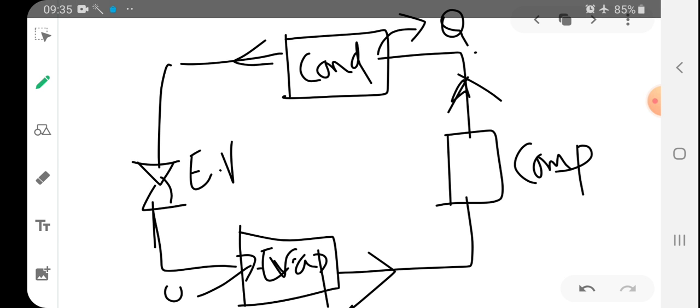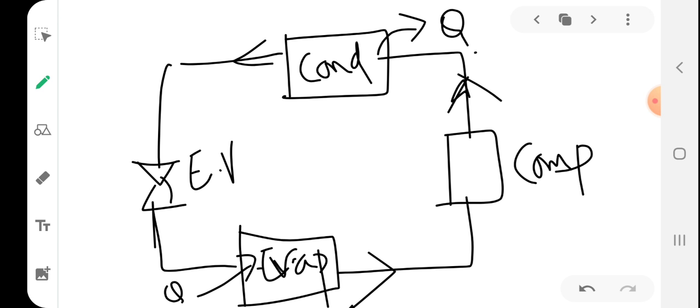Ambient space. And this is Q1, this is Q2, and this refrigerant will get condensed to liquid form, and the pressure remains at that same value, and it moves to the expansion valve where its pressure is reduced, and then the cycle continues.